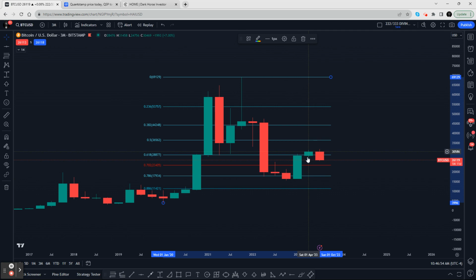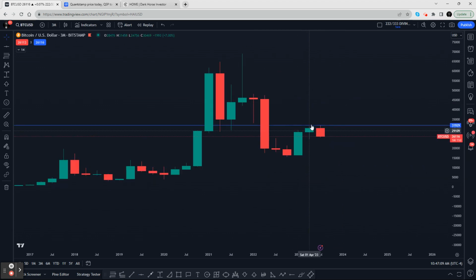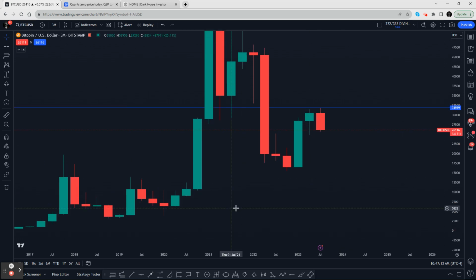Now we got another minor impulse. If this price level is not violated, if this holds as our impulse, we do have some downside pressure that looks like it's going to be coming back, and this is what we're going to be looking for.